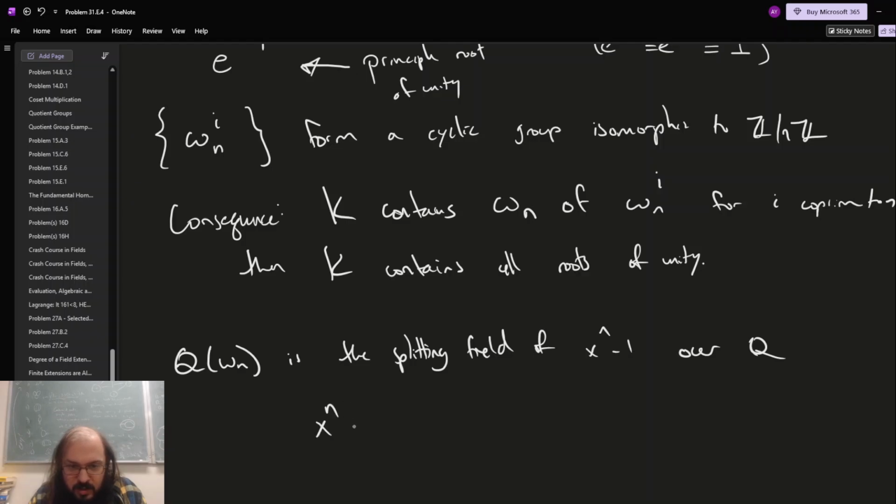Basically, if I can factor x to the n minus 1 completely in some field extension, I write this as a product, maybe like so. And because each of these can be generated from the others once you have a principal root of unity, you have them all.